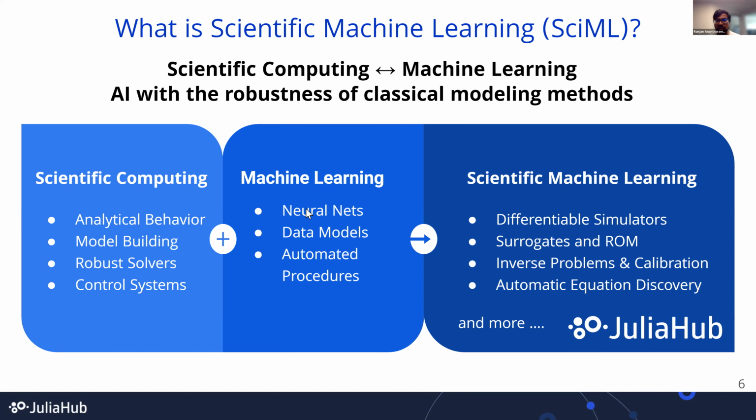But how can you employ the latest data-driven methods that exist in the machine learning universe and compose them with these classical modeling tools? Our attempt at this, or SciML's attempt at this, is the notion of making all of our simulators differentiable. So can you easily get the gradients, the sensitivities, out of your models natively?